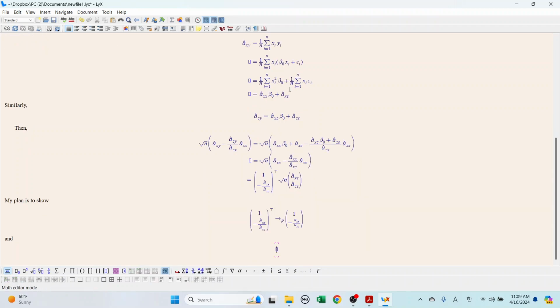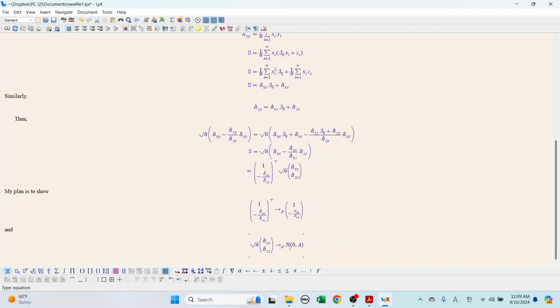And the second thing will converge in distribution to a normal distribution with, say, covariance matrix A, whatever. So the second part converges to a normal distribution. I am going to apply the central limit theorem for the terms that involve epsilon. But this term, xx over xz, will converge to a constant, the true expectation.